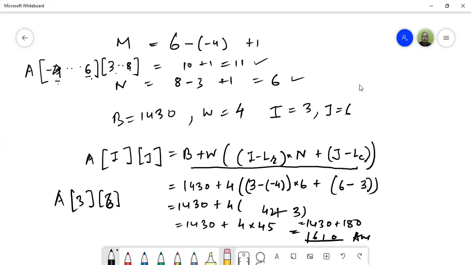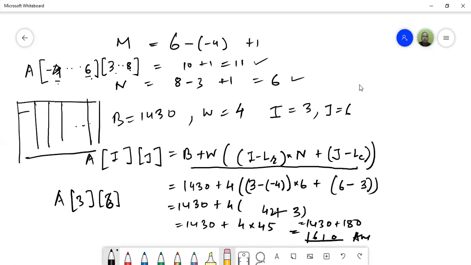Okay, so if we have a 2D array somewhat like this, imagine we have a 2D array with certain number of, this is the say last column, this is the first row, and then number of columns and the last row. Now the first row index is -4, the last row index for row is 6. Similarly for column it is 3, then 4, 5, 6, suppose this is 7 and 8.